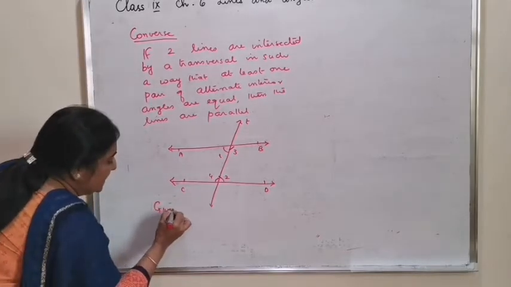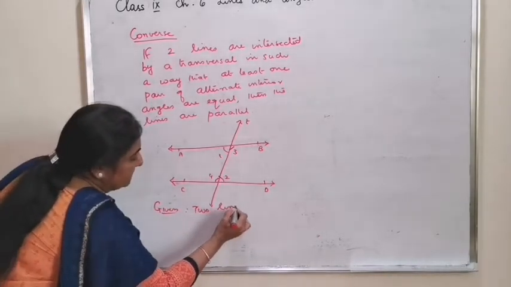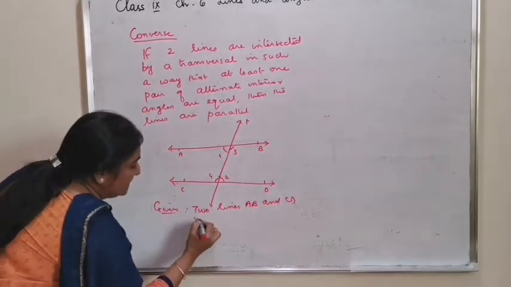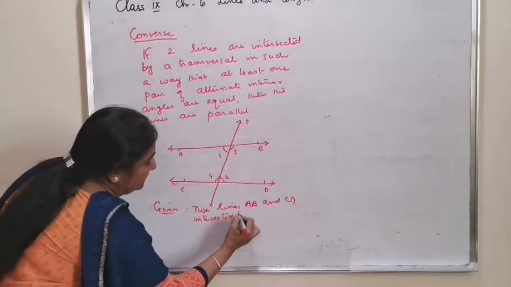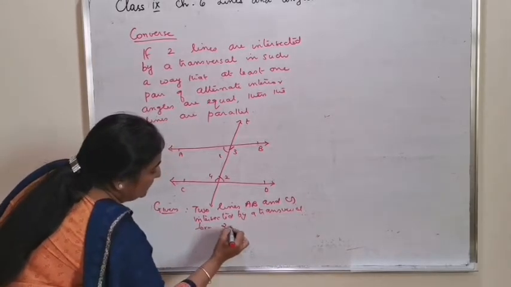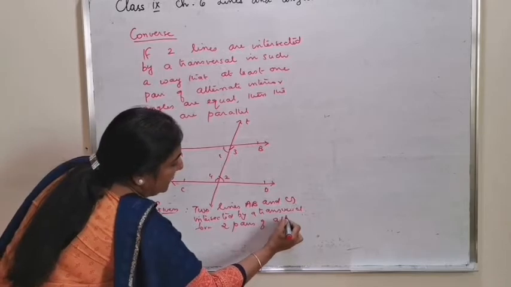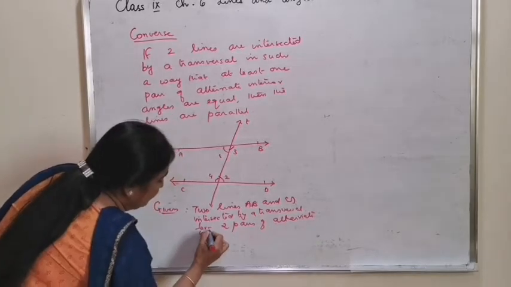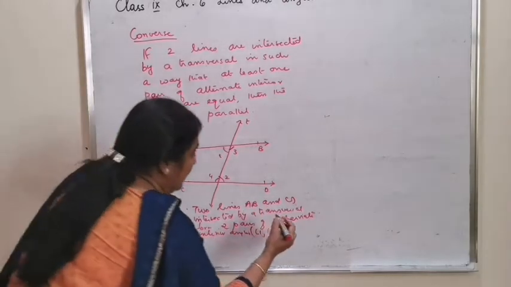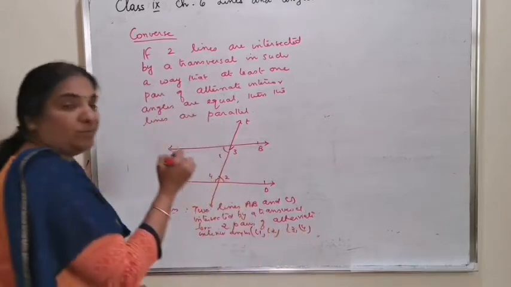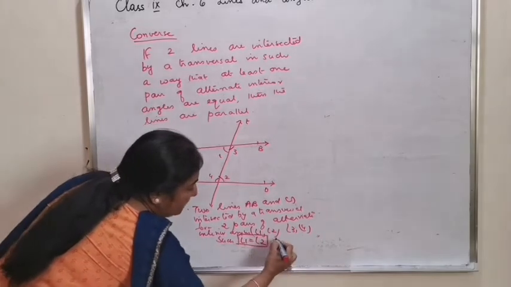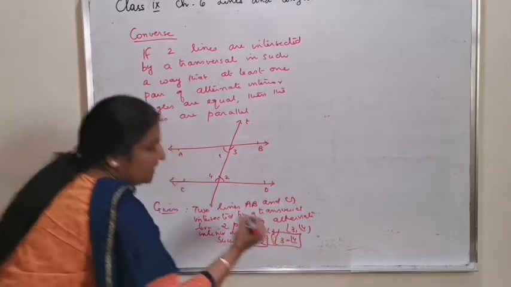So, the given condition is two lines AB and CD intersected by a transversal forming two pairs of alternate interior angles, angle 1, angle 2 and angle 3 and angle 4, and the extra condition is that angle 1 and angle 2 are equal, angle 3 and angle 4 are also equal.